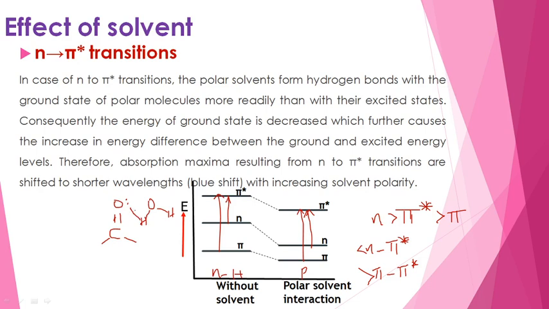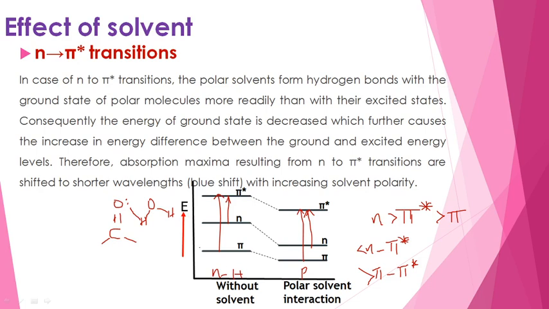Due to this hydrogen bonding, non-bonding electrons are not freely available. With the polar solvent they are greatly influenced. So that's why the energy requirement is high. As the energy requirement is high, lambda must be low. Lambda decreasing means it must be a hypsochromic shift or blue shift.